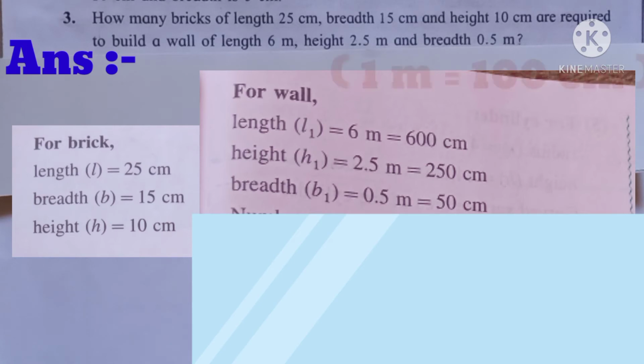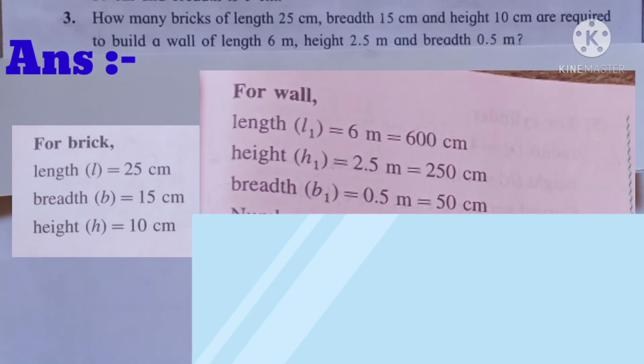As students, here the measurement is given in meter, that we have to convert into centimeter. So 6 meter is nothing but 600 centimeter. Height, it means H1, is 2.5 meter, which means 250 centimeter, and B1, it means breadth, is 0.5 meter, which means 50 centimeter. Students, don't forget to convert the measurements from meter to centimeter.